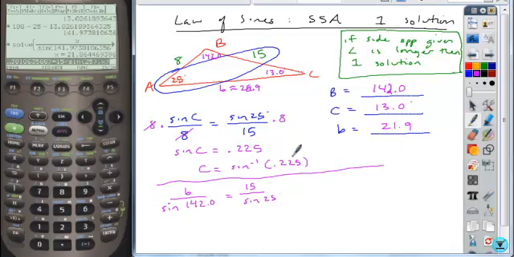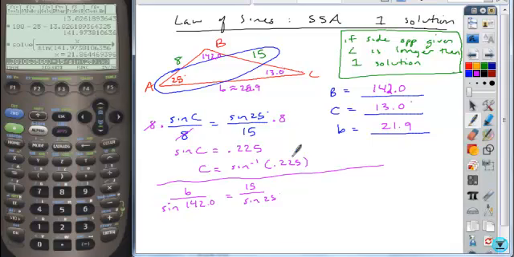All right, now, I had mentioned that in this particular equation, you cannot use your calculator in the form of solve sine x over 8 equals sine 25 over 15. It won't calculate that for you. It is possible to use your calculator, though, so let me show you how that would work.